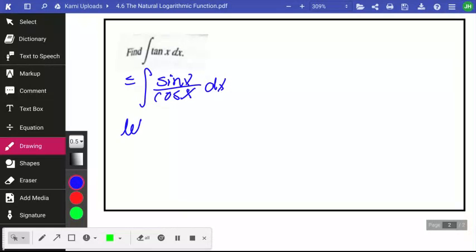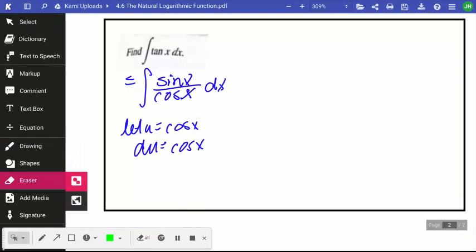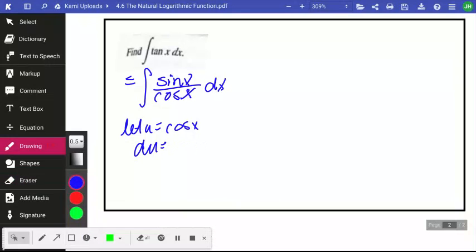And then we can let u equal the denominator so that du is cosine x. Oops, sorry, not cosine. Sine x. The derivative of cosine is sine x dx, which if you notice, there's my u and there's my du.